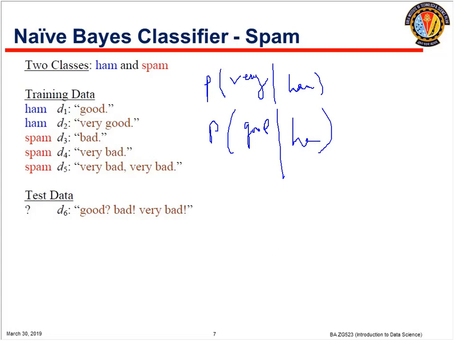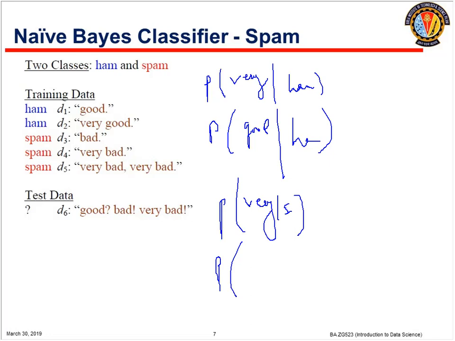What else? What other probability do you have to find out? The probability of very given that the document is spam, and the other probability we have already found earlier, right?